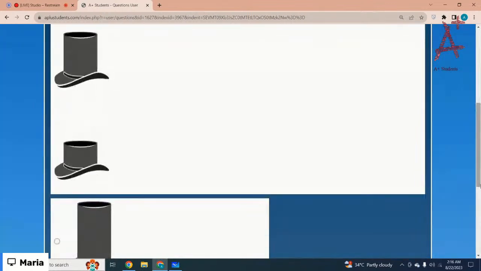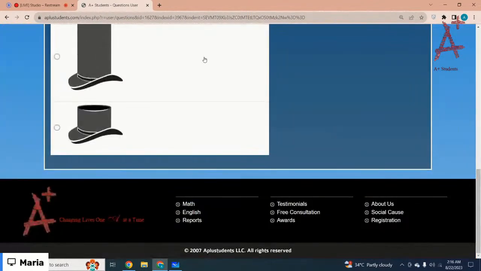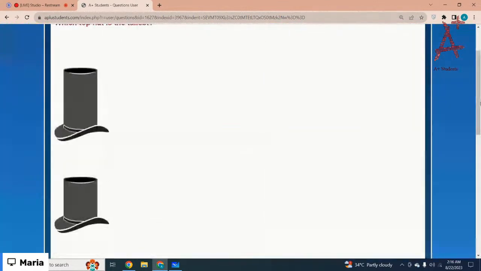Which top hat is the tallest? Option number 1 is the correct option.